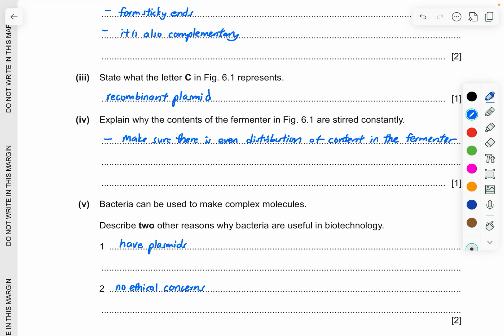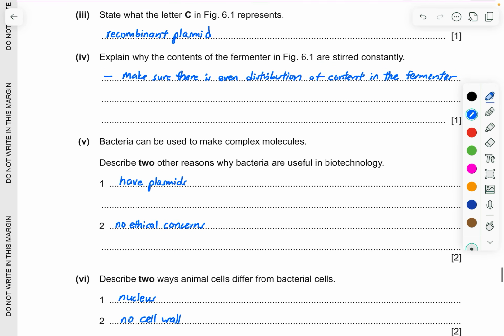Same thing here. Inside you have the fermenters, the nutrients, the gas, air, and of course the organism itself, and the necessary things in order for it to survive. You mix them together so that all of the organism is able to have a portion of these important nutrients.